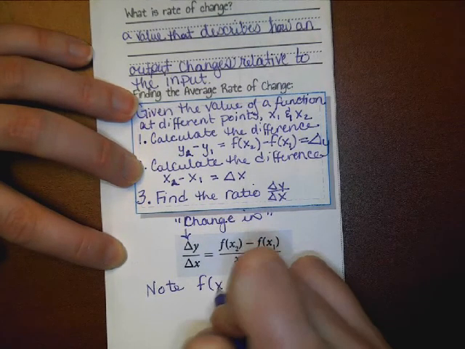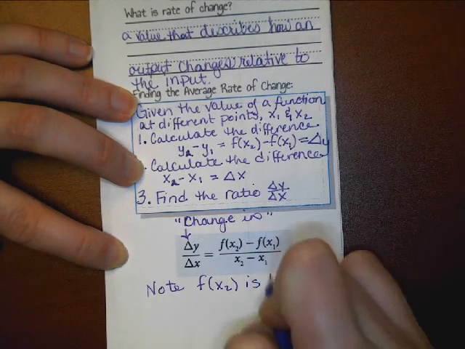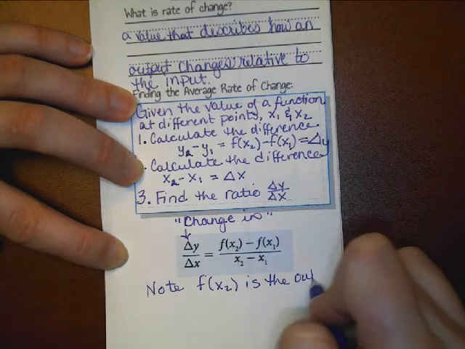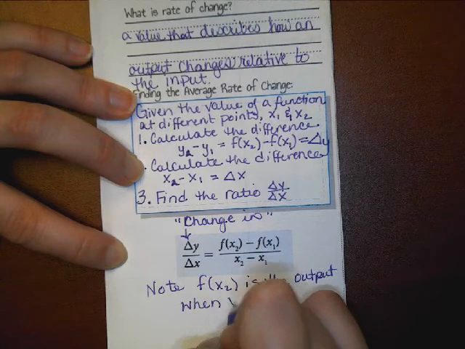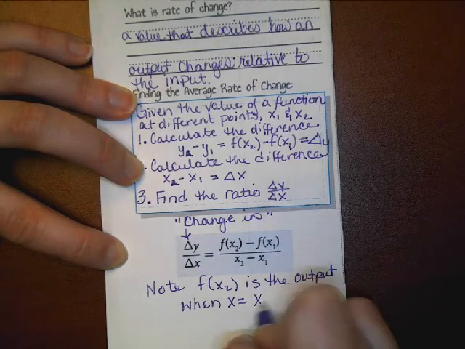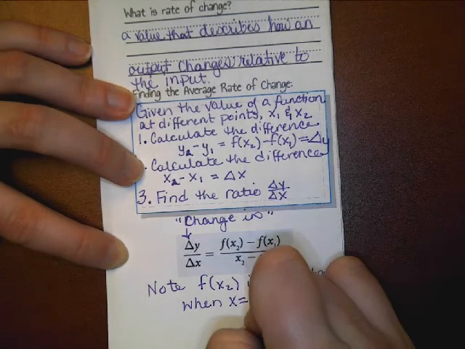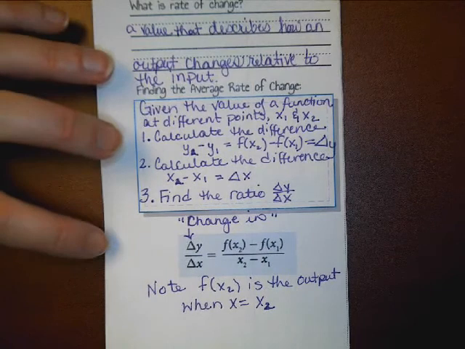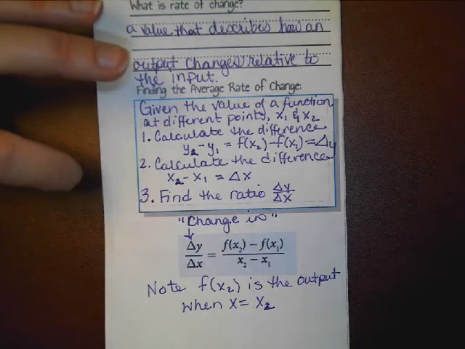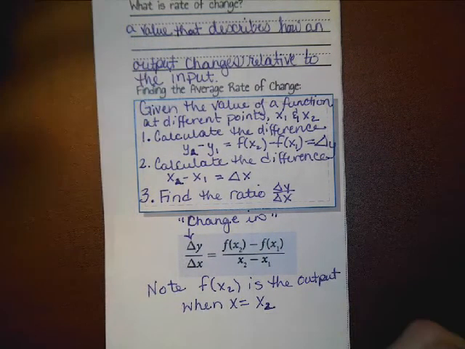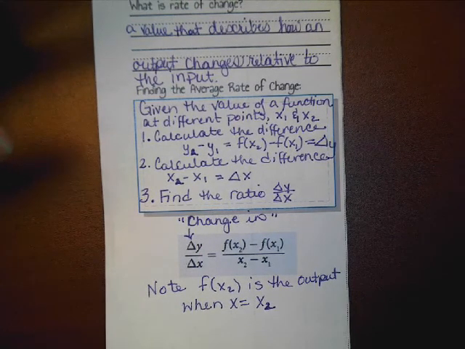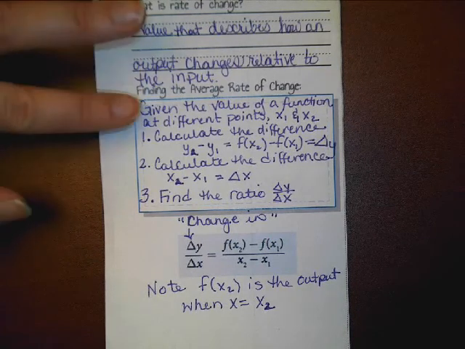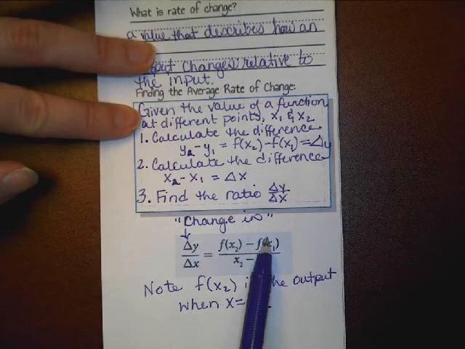So again, note that f at x2 is the output when x equals x sub 2, right? So it'll be given to you. So that's the output. When I give you x is a number, let's say 4, when I tell you what x equals, you have to find the output or the y value, okay?